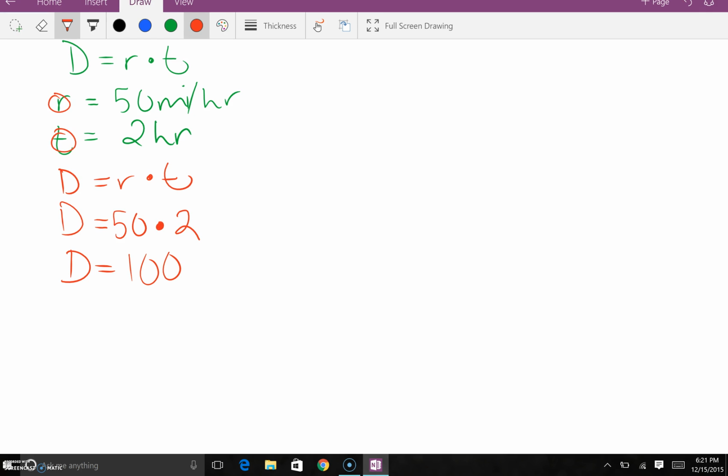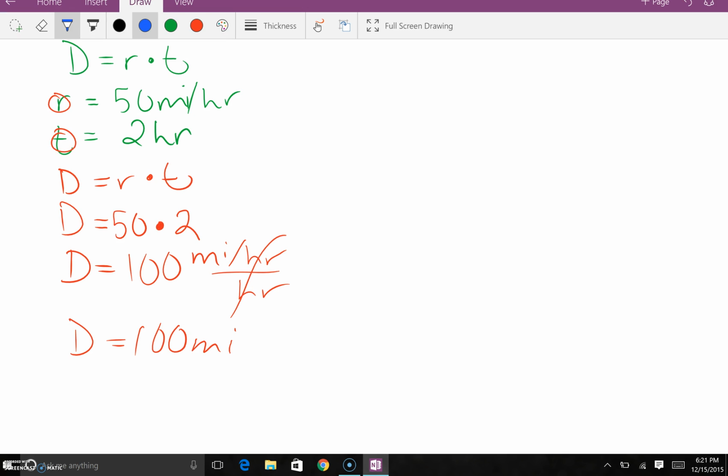In our process of elimination, we have miles per hour over hours, technically. Those cancel out, and we're left with d equals 100 miles. Right now at this point, though, you may not recognize that. So what I would suggest, when you're trying to figure out what unit you should be using for distance, is to ask: am I going to use miles?